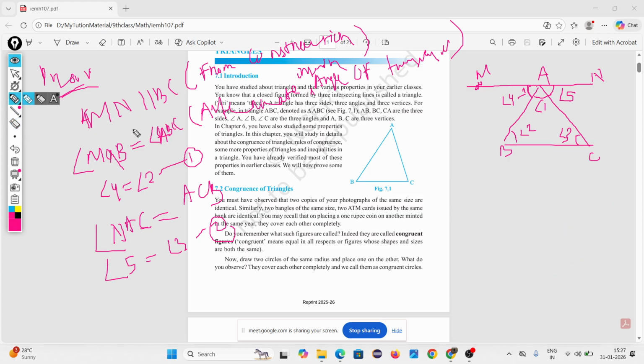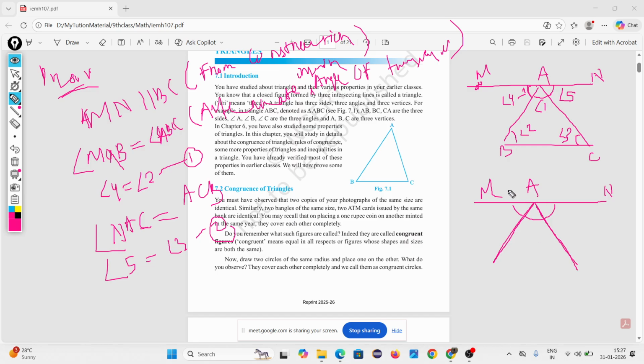Then you look. MN is a straight line, right? And at point A, 3 angles are forming.